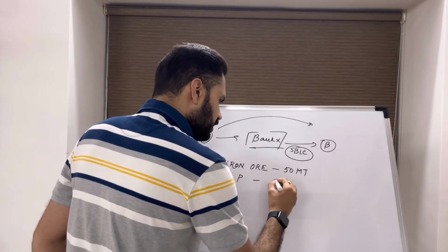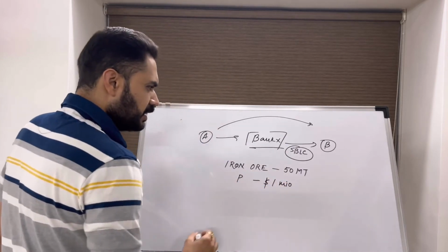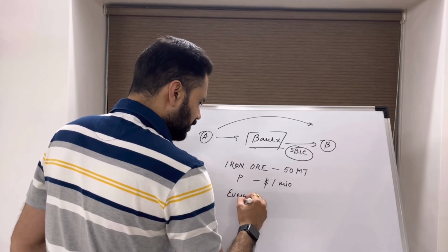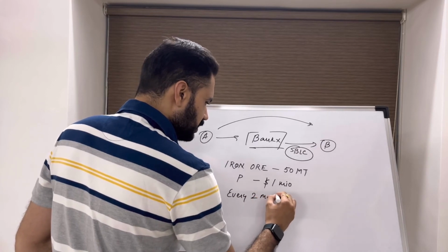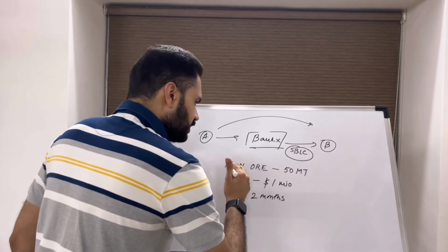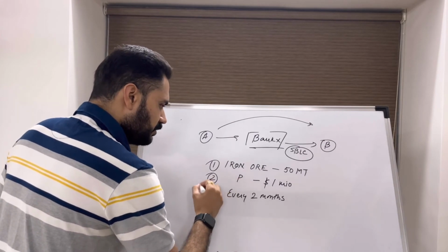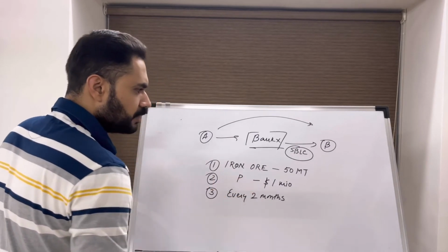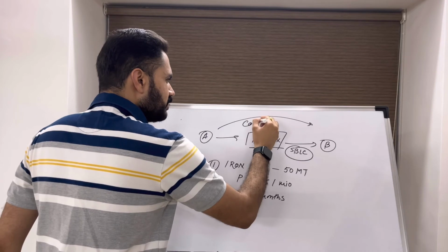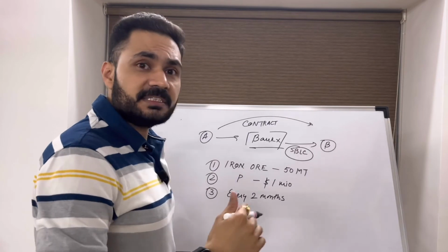The price will be $1 million. This 50 metric tons will be supplied every 2 months. So the initial undertaking is issued covering this obligation, number 1, for this much amount and a validity of 2 months. Now this contract is for say 16 months.